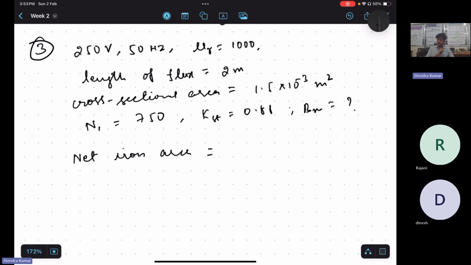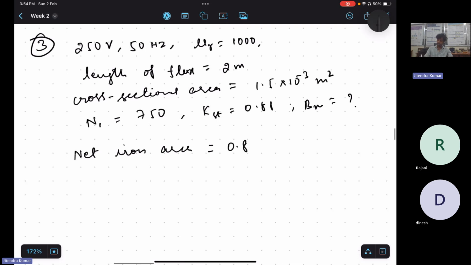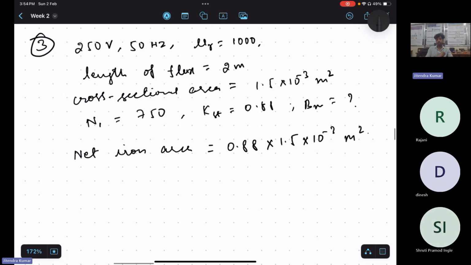Now the net iron area will be the stacking factor multiplied by the cross sectional area, which is nothing but 0.88 into 1.5 into 10 to the power minus 3 meters square. Since we need to calculate Bm and we are given the voltage, we can relate with the famous expression 4.44 f phi m N. So 250 is equal to 4.44 into frequency 50 hertz into phi m, which we are not given.